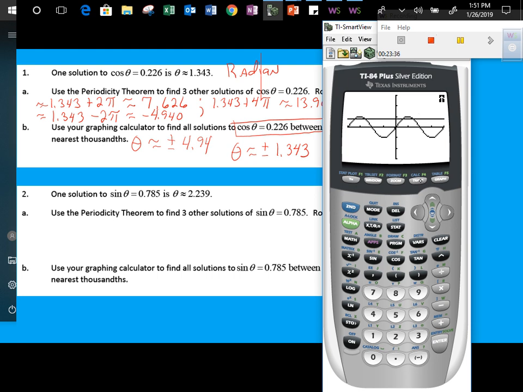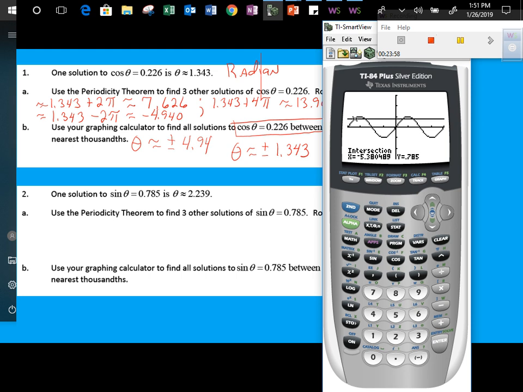So if I go second calculate the intersection again, and let me come way over there again. And if you don't mind going second calculate, you can just do that 4 times. I want to get close to that one though. Enter, enter, enter. So I know that one answer is negative 5.38.